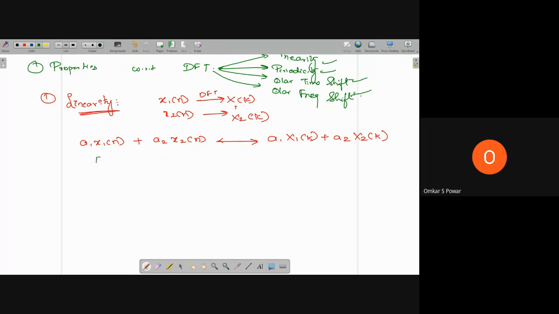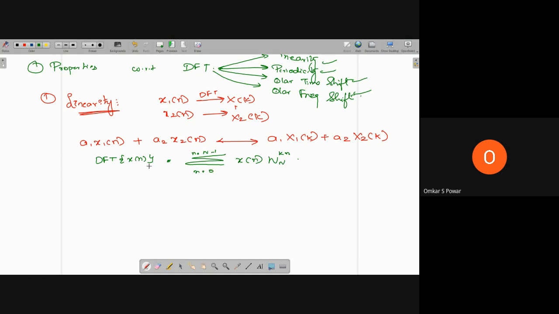So we know the formula for DFT of x of n, which is equal to summation n varies from 0 to n minus 1 x of n and omega n of kn. So in terms of Twiddle factor, I have written. Okay. So now how can we prove this one?